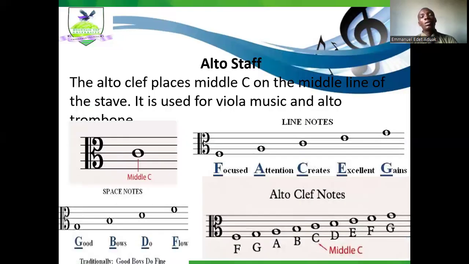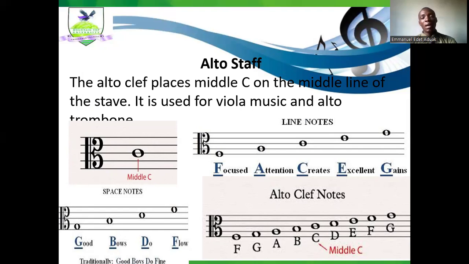Now, let's look at the C clef. The C clef can either be alto clef or tenor clef. The alto clef places middle C on the middle of the staff.